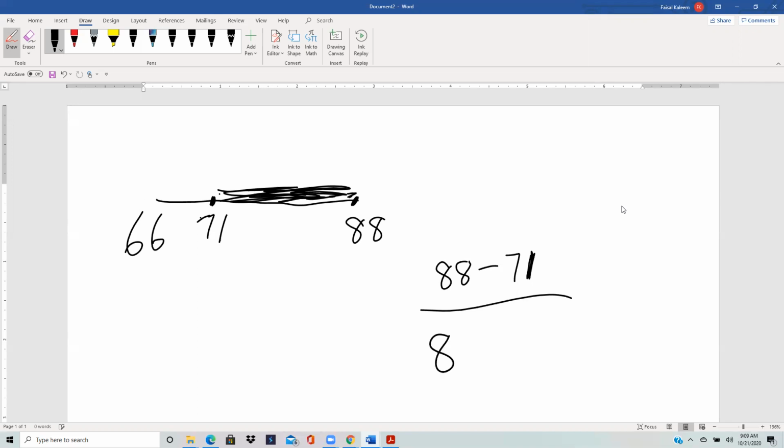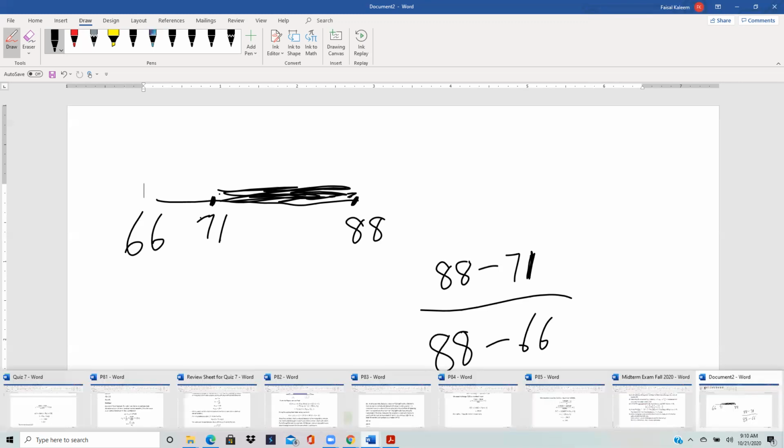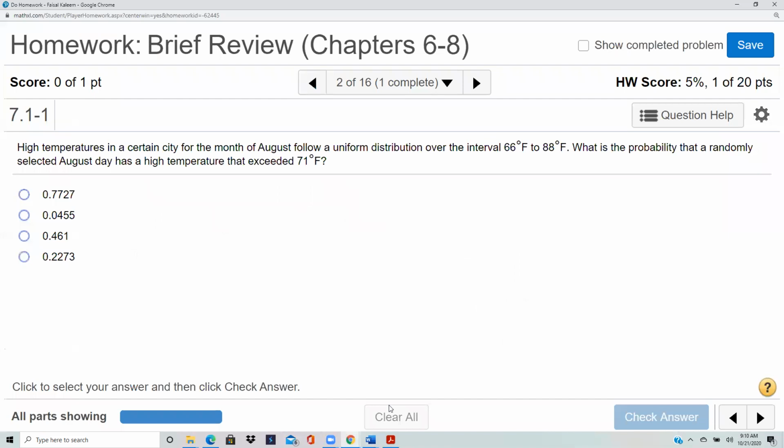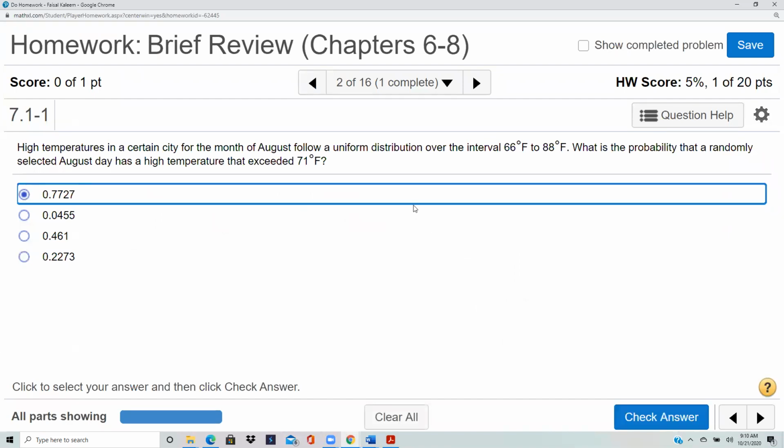That's the total difference, 88 minus 66. So 17 over 22 is 0.7727.